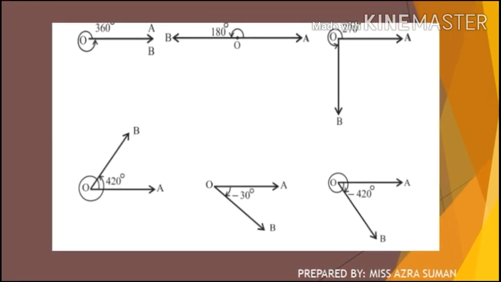You can see 6 rays on your screen, where the first 4 rays are positive because the ray rotates in an anti-clockwise direction, and the remaining last 2 rays are taken as negative because the ray rotates in a clockwise direction.